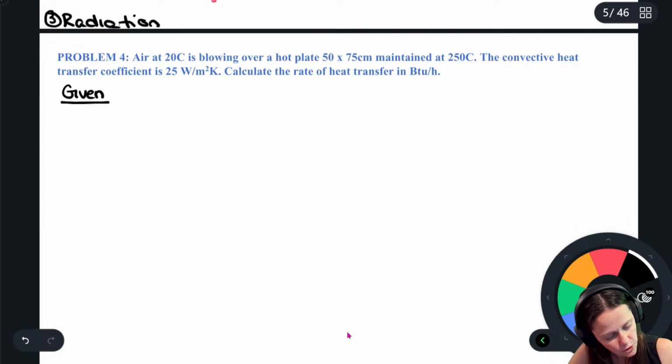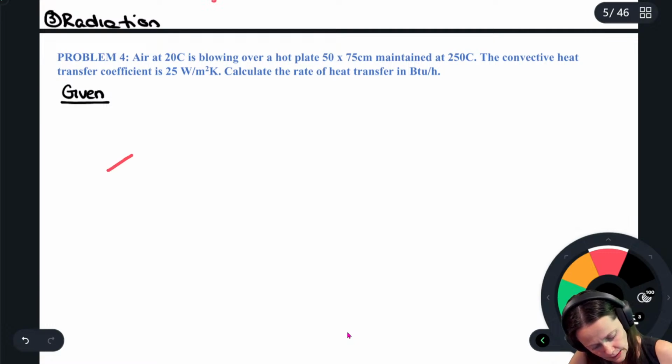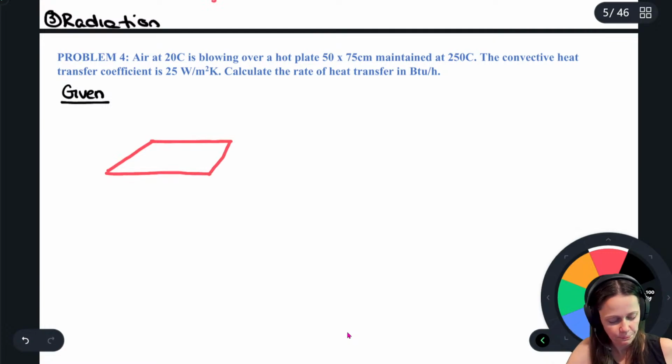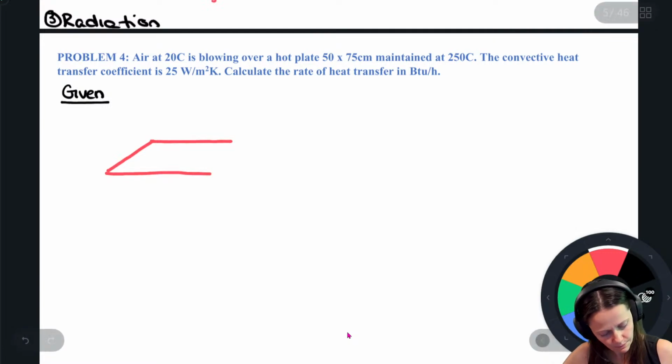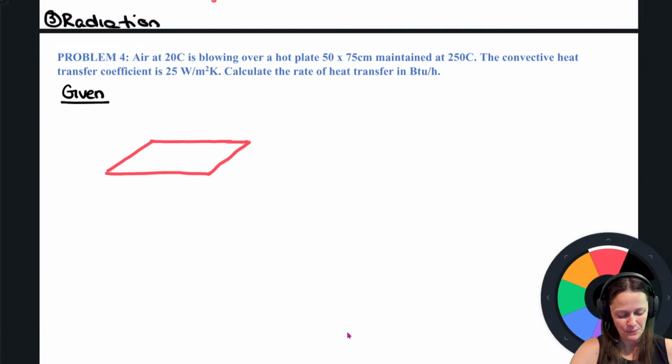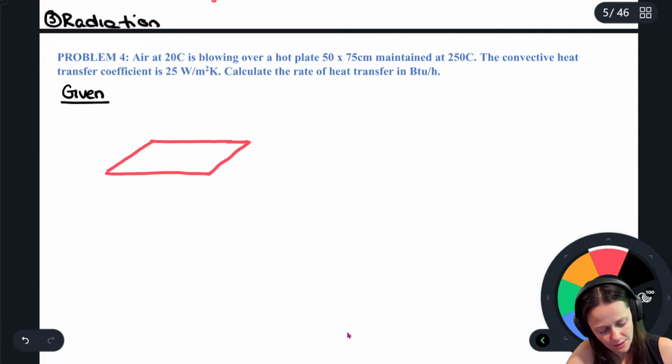All right, so here's our hot plate. The hot plate is 50 by 75 centimeters.